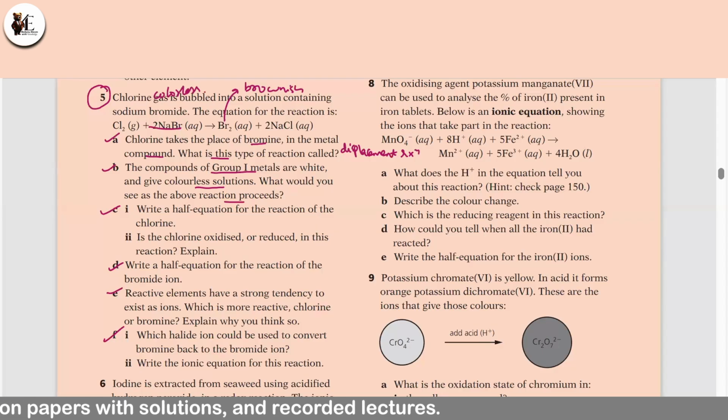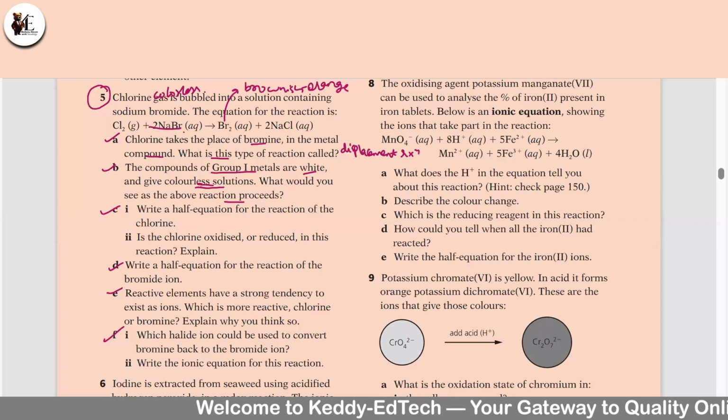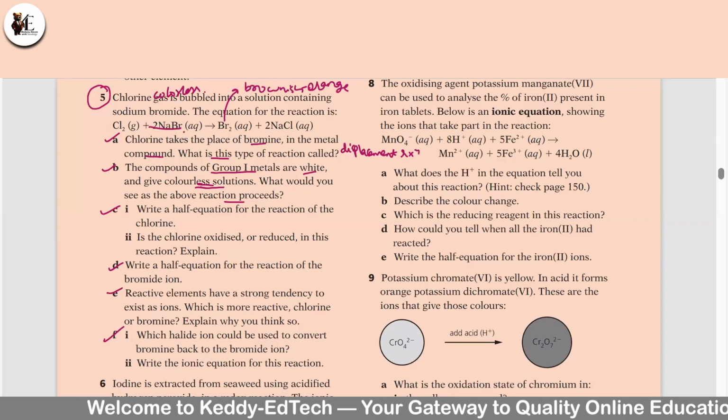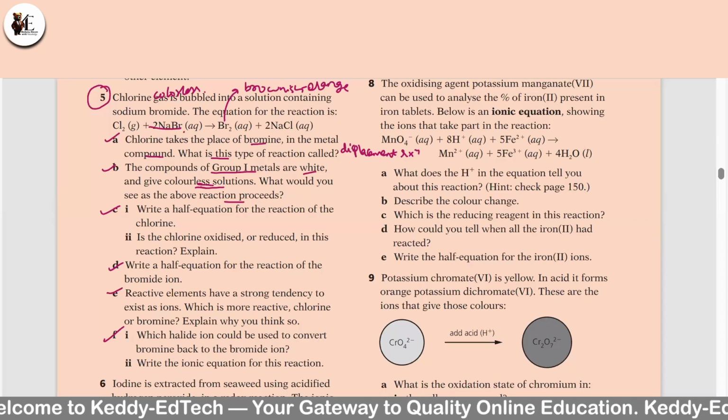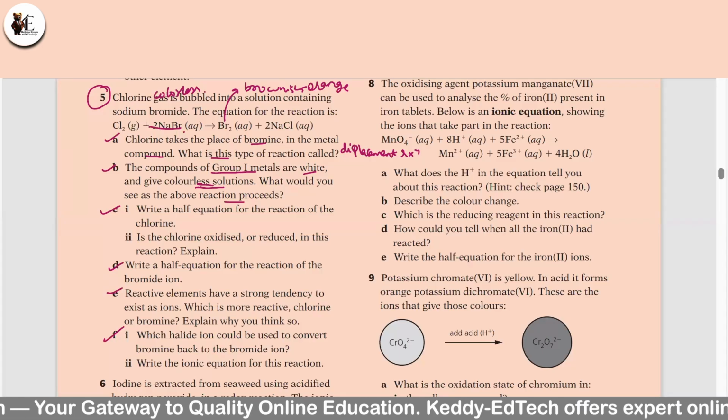Because this is your group 1 metal solution, it is white in color and gives a colorless solution. And the color of bromine is brownish orange. So you will not say brown to colorless. You have to say that the colorless sodium bromide solution will turn brownish orange due to the formation of bromine. Okay.